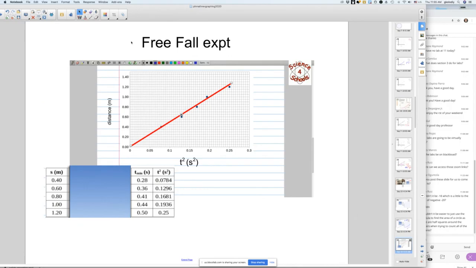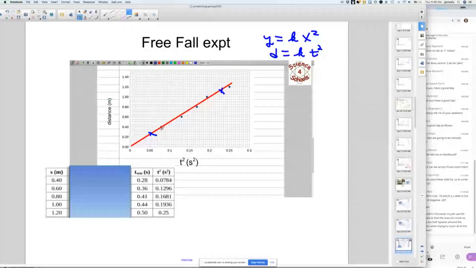Don't forget, we're finding the slope because we're saying that y is equal to k x squared. In our case, distance is equal to k times time squared, and we want to figure out what k is. So we have a graph of this versus that, which gives us a straight line. k is going to be the slope of this line. You have to pick 2 points somewhere, find the rise, run, find the slope, and I have that in another slide.